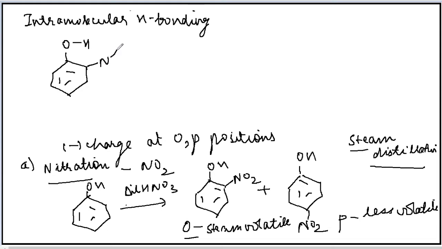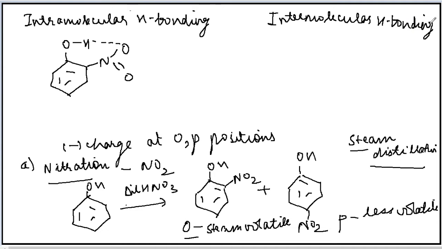I am opening the structure of nitro. And you can see this, the dashed lines represent the intramolecular hydrogen bonding in orthonitrophenol. Whereas the para product is less volatile when the separation of these products occurs by steam distillation. This is so because in case of the para product, there is intermolecular hydrogen bonding. You are all aware of hydrogen bonding, but I will give you a revision again.